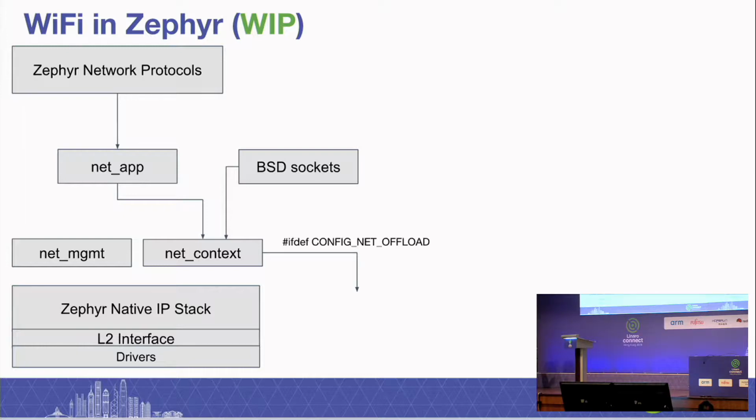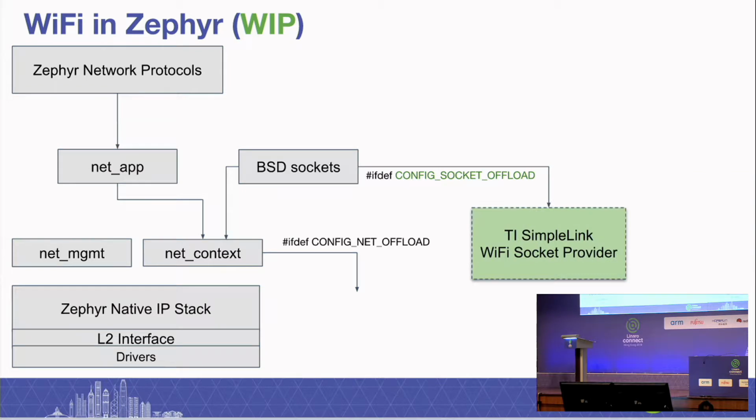So looking at this, I said, well, let me see if I can do something a little more efficient. I created a socket offload framework PR, similar to what's done in another operating system, which comes right off of this new socket layer. And that actually worked.